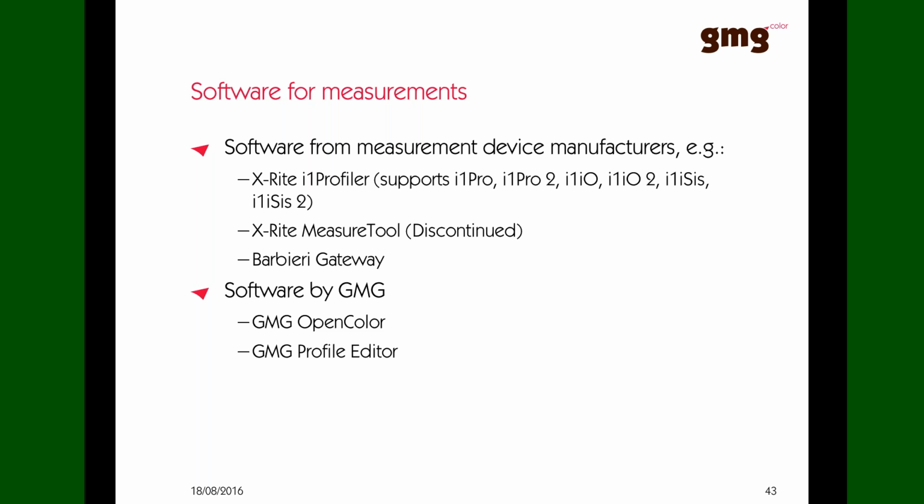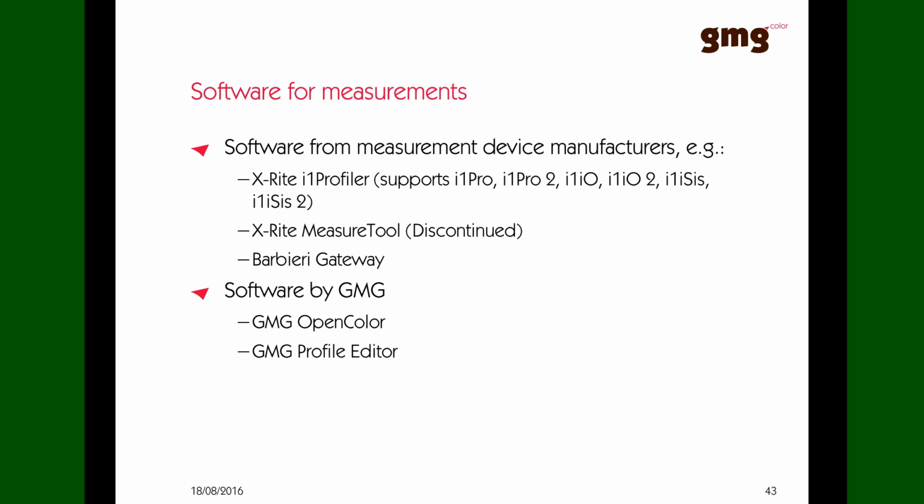Then X-Rite also has a discontinued product, the MeasureTool. The i1Profiler is the successor, but the MeasureTool could also be used. It was part of the ProfileMaker from X-Rite. Barbieri, for example, also has its own software, the Barbieri Gateway, which you can use, and there are many more.